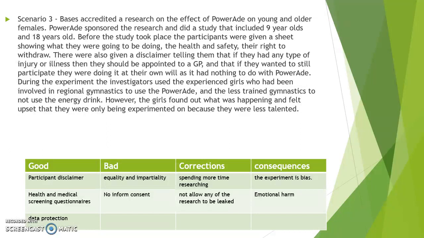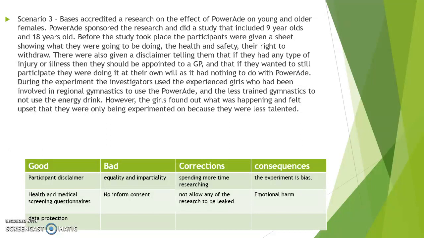This is very important when participating in an experiment, because data protection is all the personal information of the participants, and therefore if it does get leaked, this is very, very bad on the researcher's behalf, because all of the personal information from the participant will be known by the other participants, who may tease them, bully them, emotionally harm them.